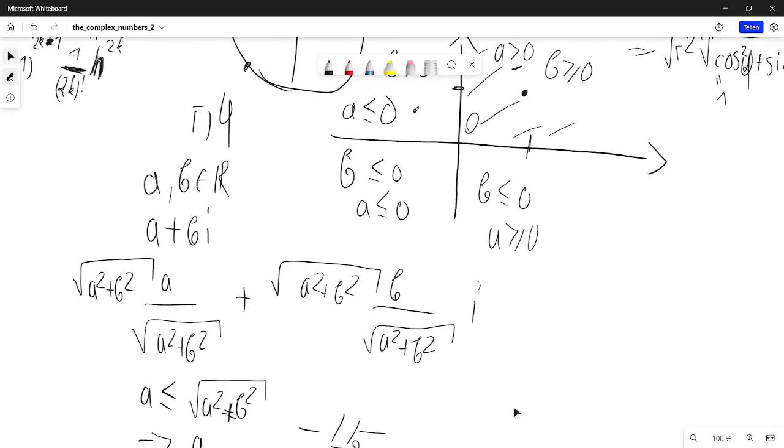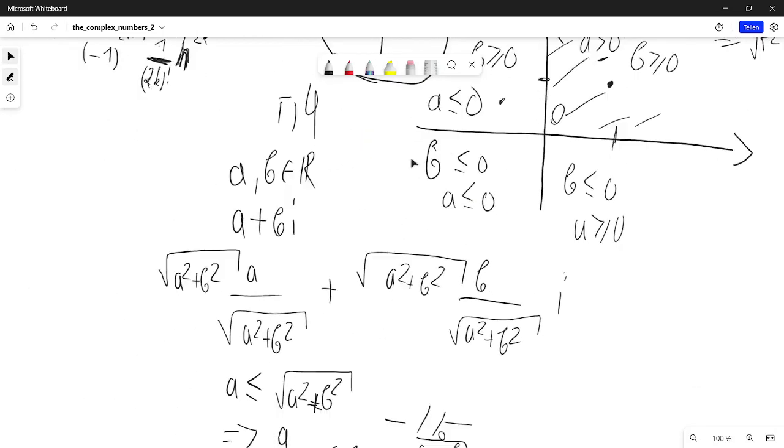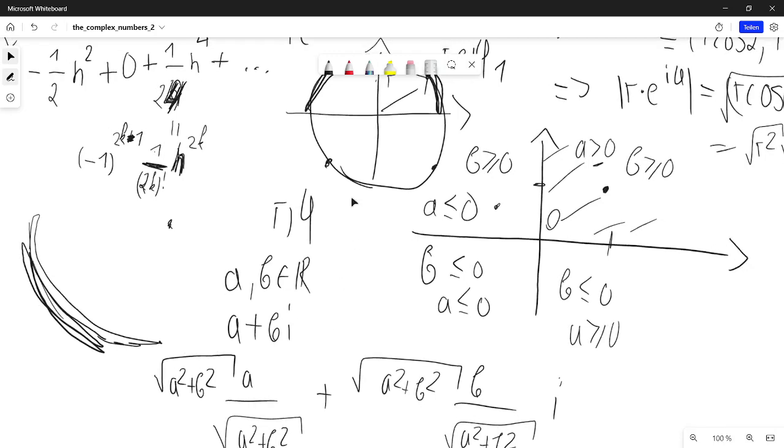So for example, if we turn out to be here, both negative, then on our circle we would be somewhere here on our big circle. Right, here would be a region somewhere, and that would be a circle, something like that, right? Big circle.